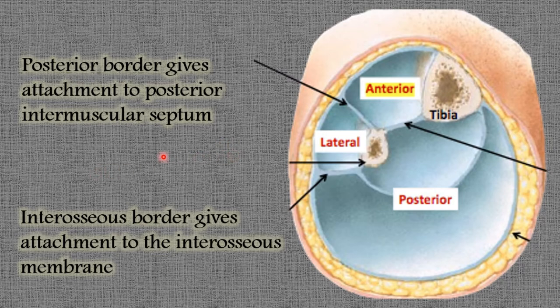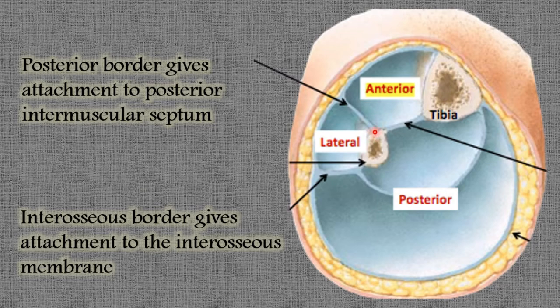Now the anterior border gives attachment, which is not written over here. This is the anterior border which gives origin to the anterior intermuscular septum. So this is the anterior intermuscular septum which separates the anterior compartment from the lateral compartment. Again I repeat, the fibula has three borders: medial or interosseous border, anterior border and posterior border. The medial or interosseous border gives attachment to the interosseous membrane that separates the anterior compartment from the posterior compartment.